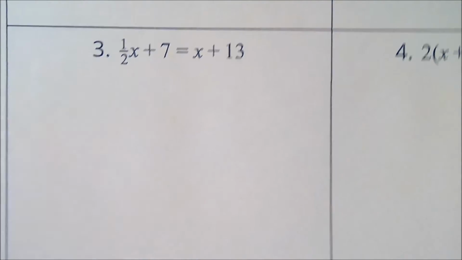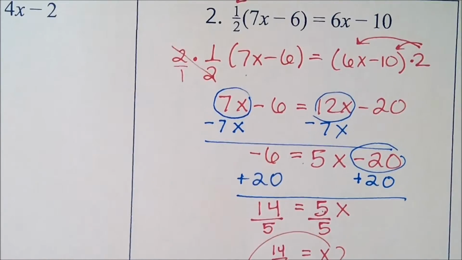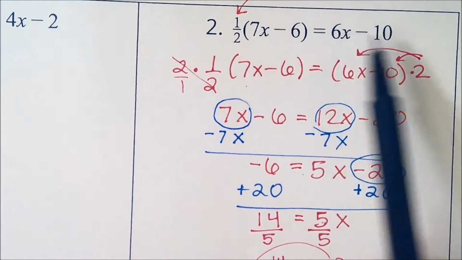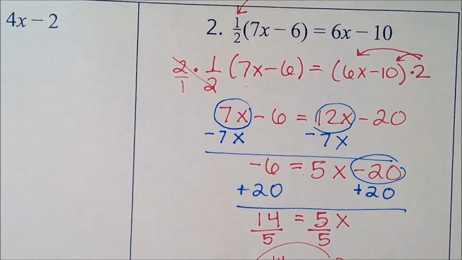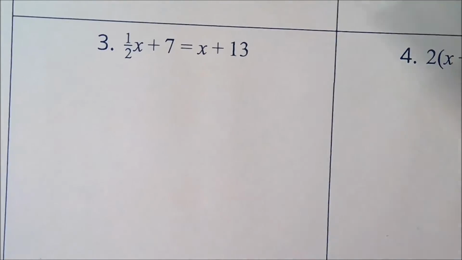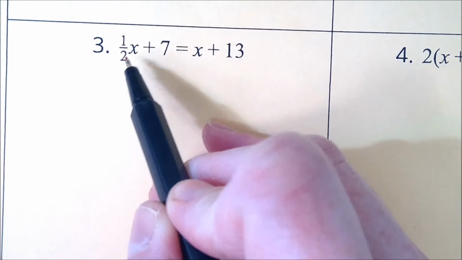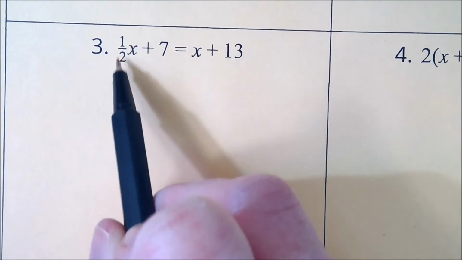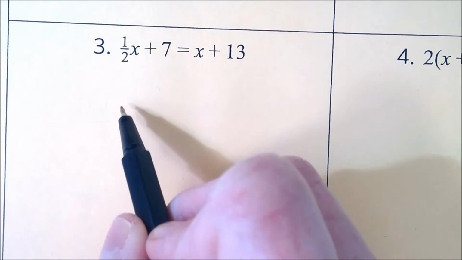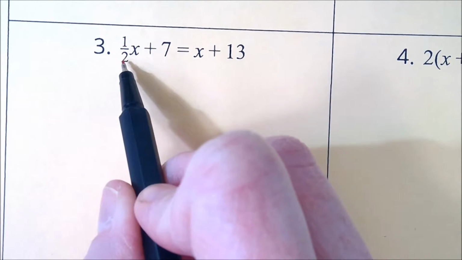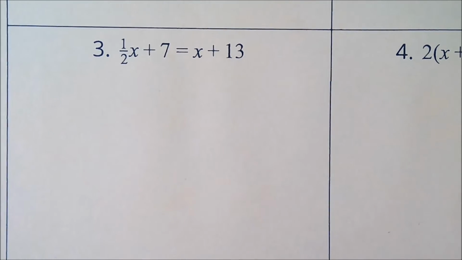So if we think back to what we did up here, we multiplied each side by 2 so that we could clear that fraction. We can actually do the same type of thing on number 3. I can actually clear this fraction. So if we think about it, if I want 1/2 to disappear, that means I want it to become a 1. To make 1/2 become 1, I multiply it by 2, right?